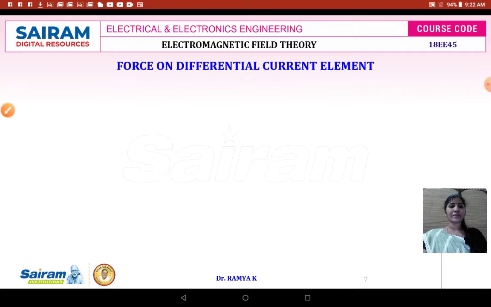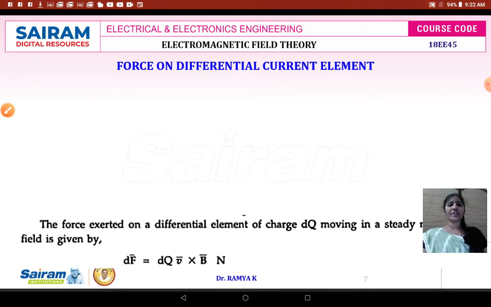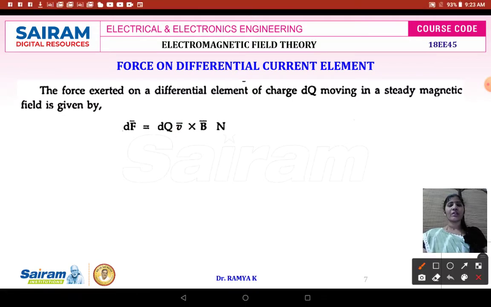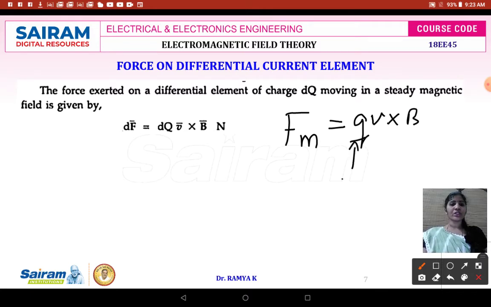Therefore, we can write the force on a differential current carrying element, dF is equal to dq into V cross product with B. When a charge Q is moving with a velocity u in the presence of your magnetic field of magnetic flux density, then a magnetic force is created which is given as Q into V cross product with B. Q is your charge, V is your velocity, B is your magnetic flux density.